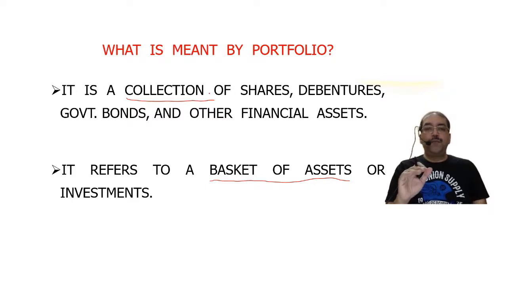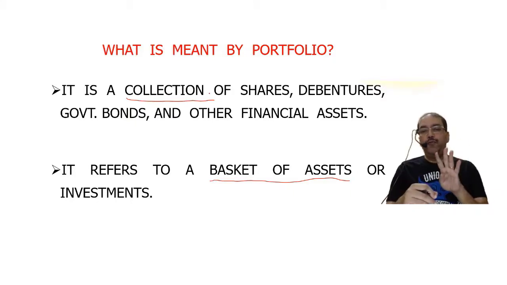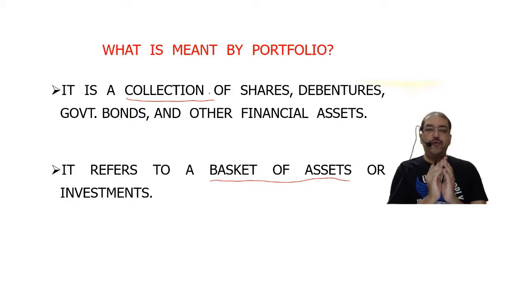Now we are doing the topic portfolio management. So what is portfolio management? Portfolio management is made up of four processes, or you can say four steps. What are the four steps? The four steps are: first, I require to construct a portfolio. Construction of portfolio means I have to form a portfolio. How do I form a portfolio?